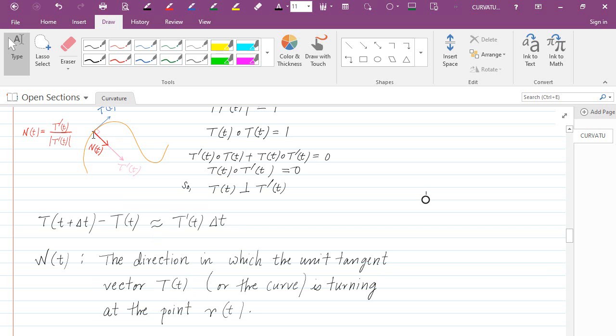So once again, this point right here is r of t. T of t is tangent to the curve at this point, and N of t is perpendicular to the unit tangent vector here. So clearly N of t is the direction in which the curve is turning at this point.